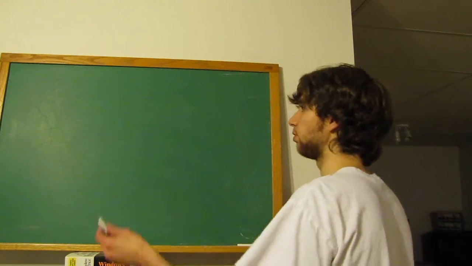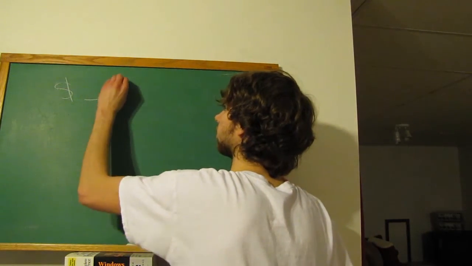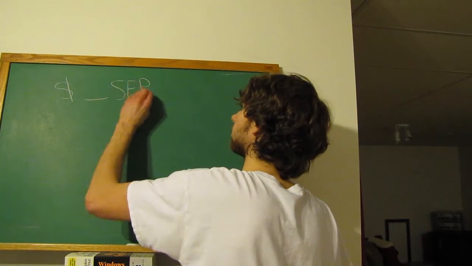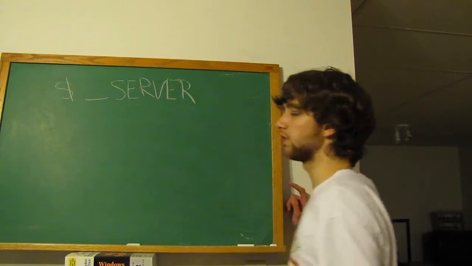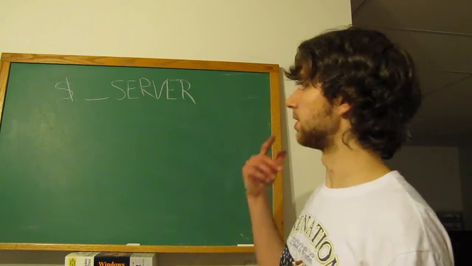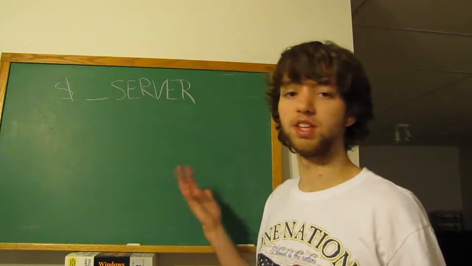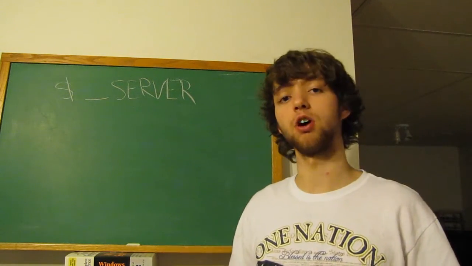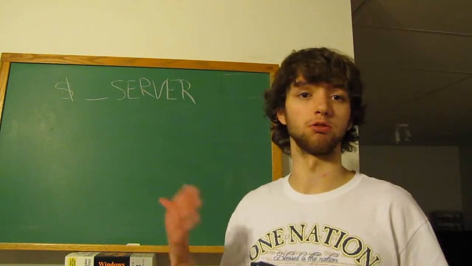So for example, one of them is the server superglobal array. It's in all capital letters, so you have to use it that way. And this is an array that's going to contain a lot of information about the server that this PHP is running on.